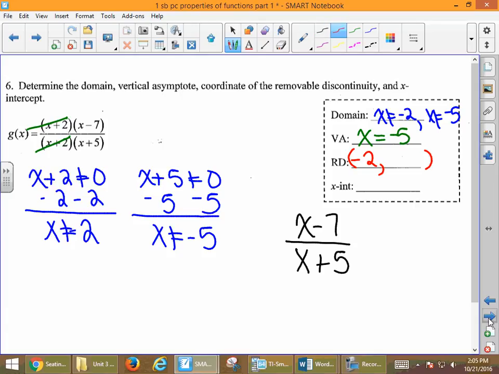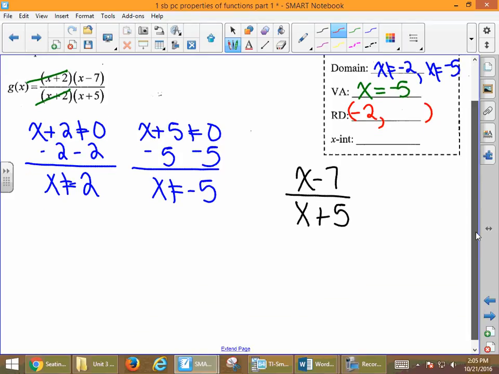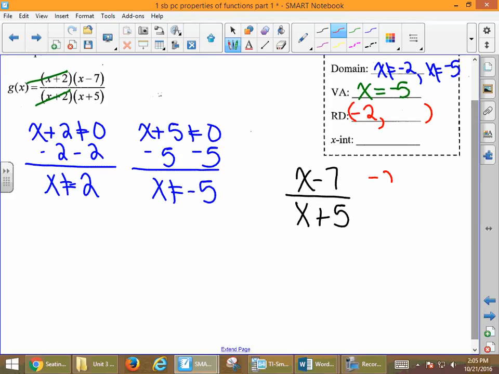We're going to put -2 back in for the x in the numerator and for the x in the denominator. So it's going to be -2 minus 7 over -2 plus 5. Well, -2 minus 7 is -9, -2 plus 5 is 3, and -9 divided by 3 is -3.